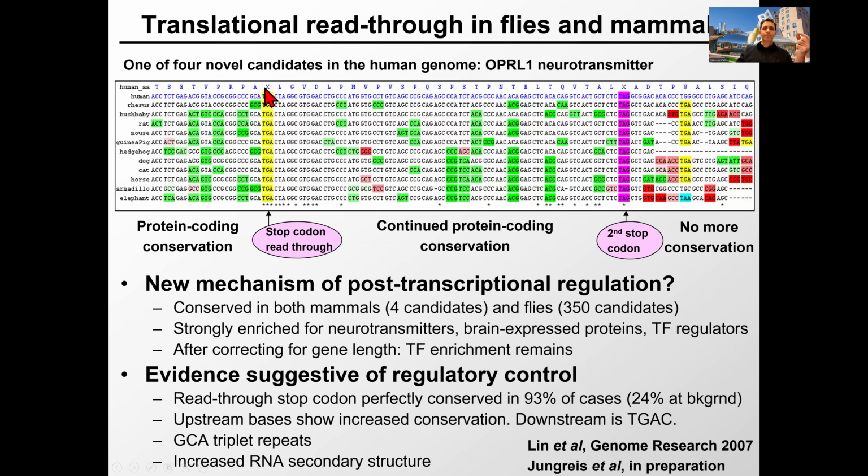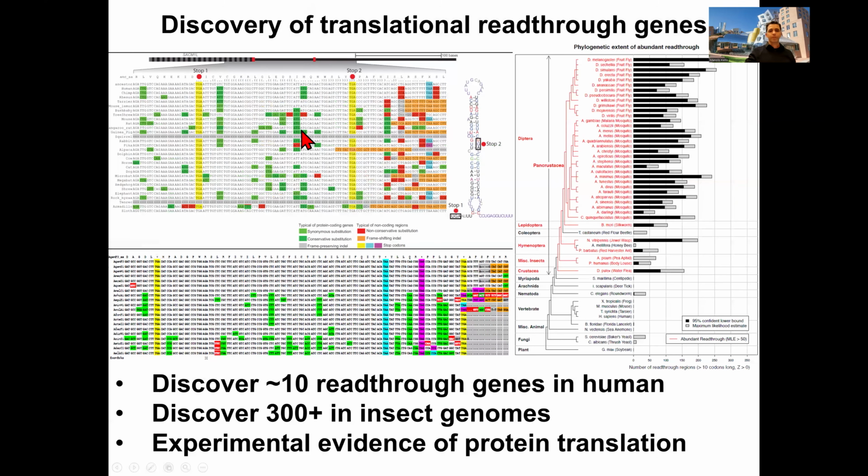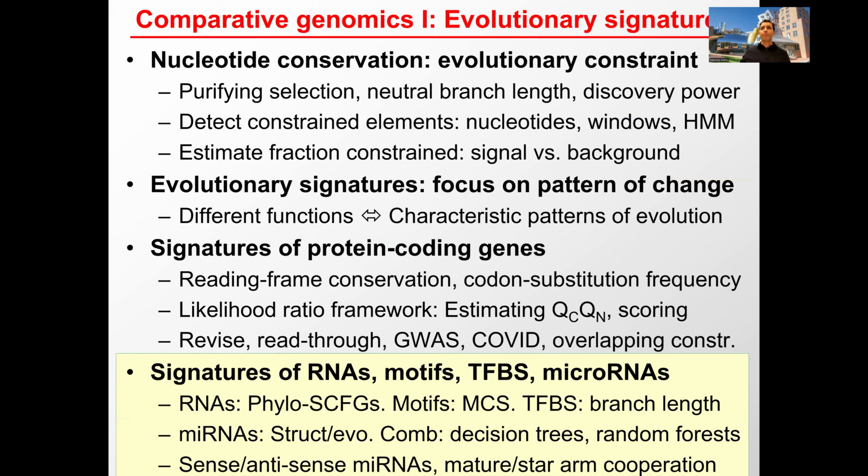You could have a mutation in the RNA itself that temporarily disrupts that stop codon. And so there's many different mechanisms that you can imagine. This is still under investigation. Okay. Who feels that they've learned something? Yeah? Awesome. So that's for protein coding selection.